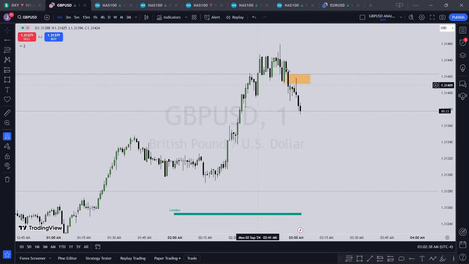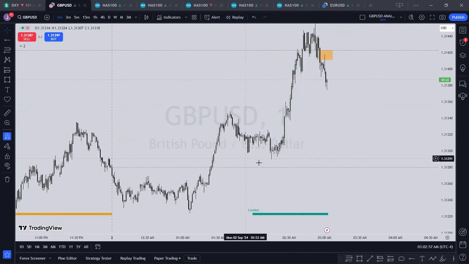So if I was here, I would have been entering this return because price broke structure to the downside. So you took out liquidity, broke structure to the downside, and then found support in the fair value gap, which was created by this price displacement.